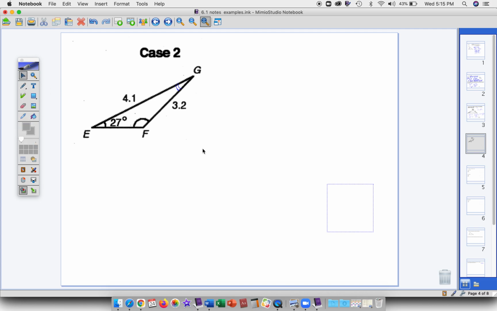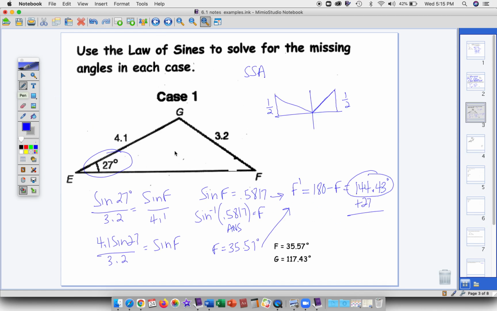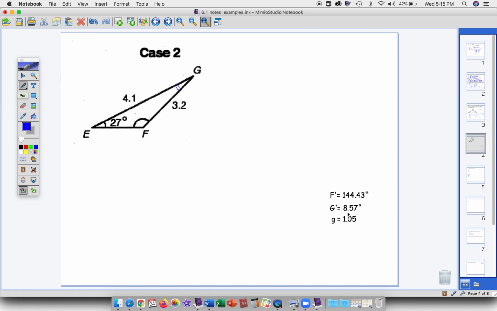Okay, so let's see how you did. Using the obtuse angle F, or F prime, G prime becomes 57 degrees, which, remember, in the other triangle G was the obtuse angle, 117.43, and side G is 1.05.